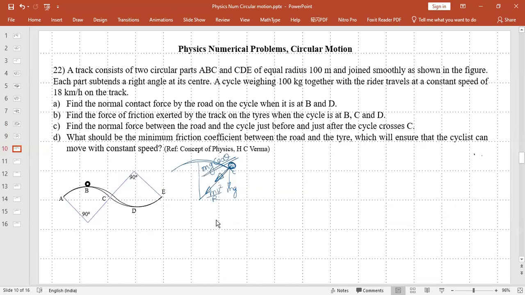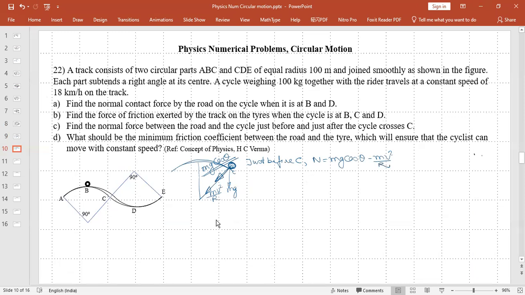So here, just before C, reaction force N is equal to mg cos theta minus mv square by r.